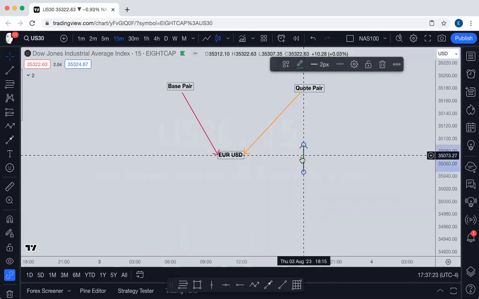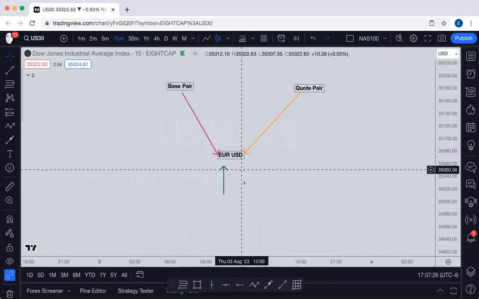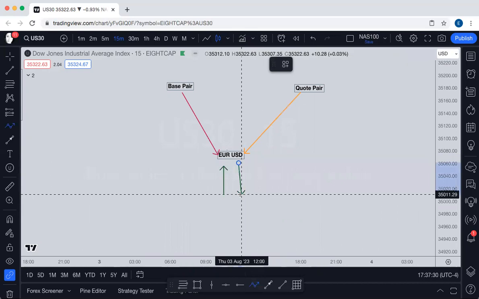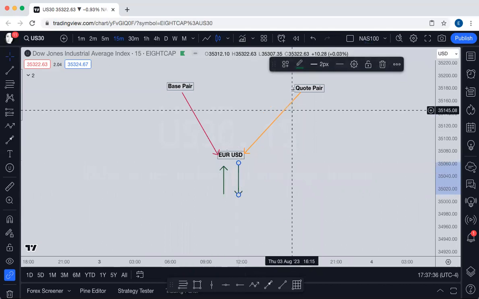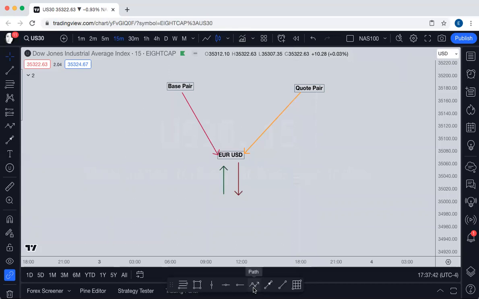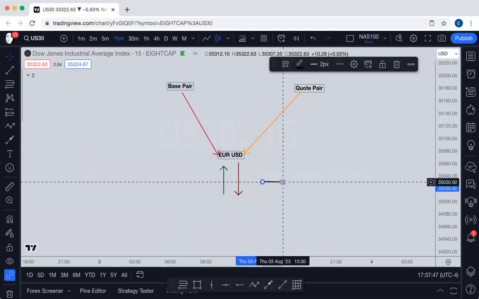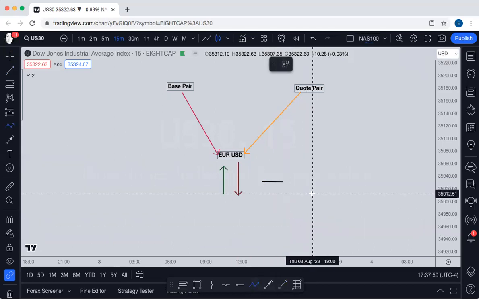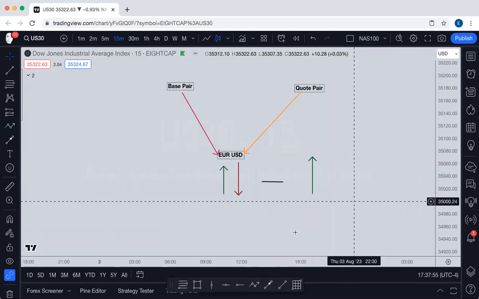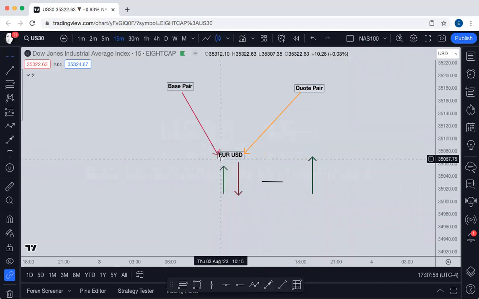Or let's say there's news for USD, major news for USD, and it's negative. Let's make it red. And it's negative. Well, overall, you guys, you're going to be buying, because this is based off of the euro compared to USD.